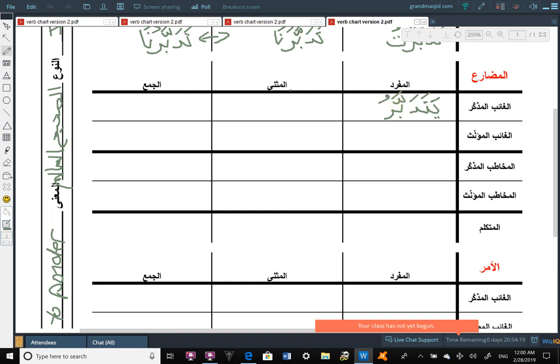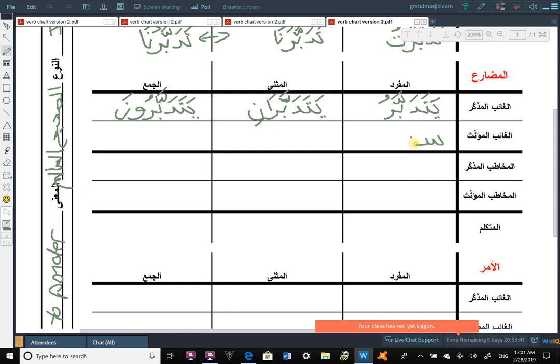We want to make that dual. We add the alif al-ithnain and the noon for marfu'. Yatadabbarani. Yatadabbaruna. We add the waw al-jama'ah here.